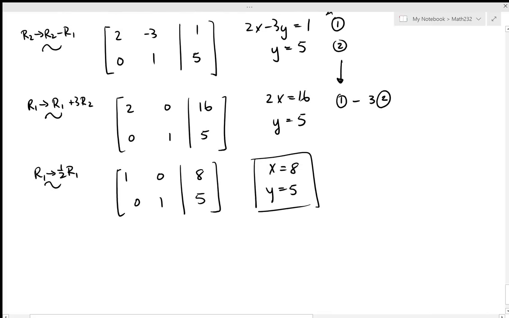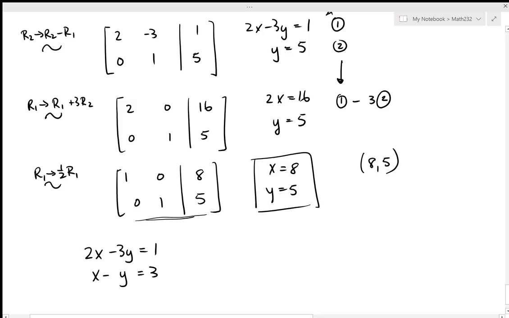Now I'm going to write out the equations that we started with in the beginning right here. Okay, and I've gone through this procedure, and I have done these elementary row operations, and I've come to a place where when I write out what this is telling me, I basically have a solution. x equals 8 and y equals 5, and I could write that like this if I liked.